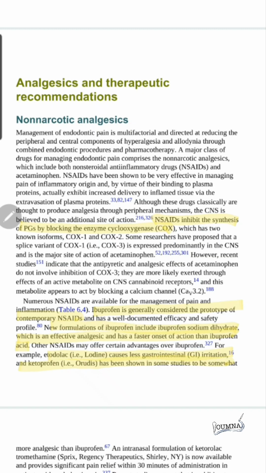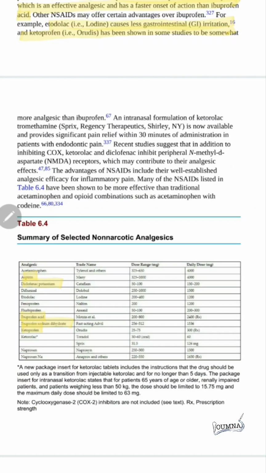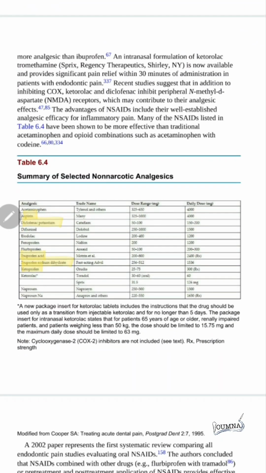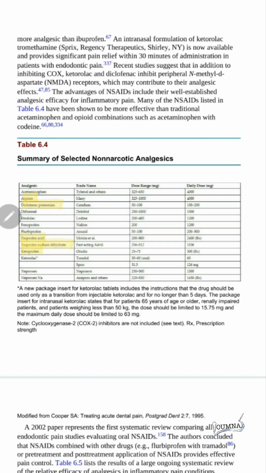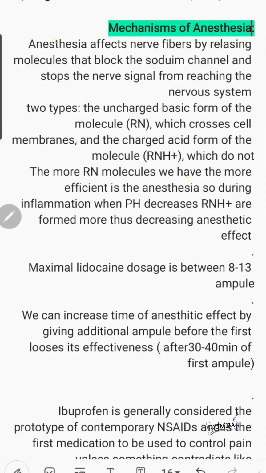Also, if the patient is taking aspirin, it can cause internal stomach bleeding. Other than this, it's the first and most efficient non-steroidal anti-inflammatory to relieve the pain. We have also aspirin, which in high dosage can decrease the pain. Diclofenac and ketoprofen are also options.